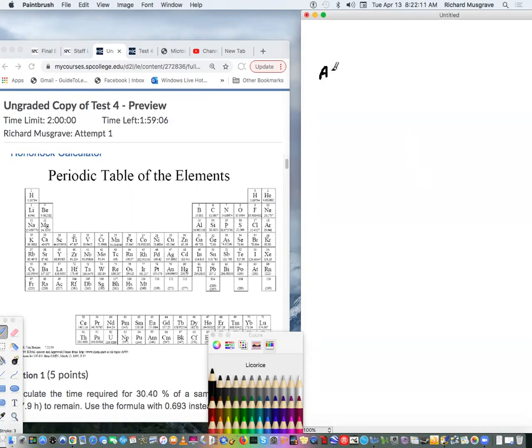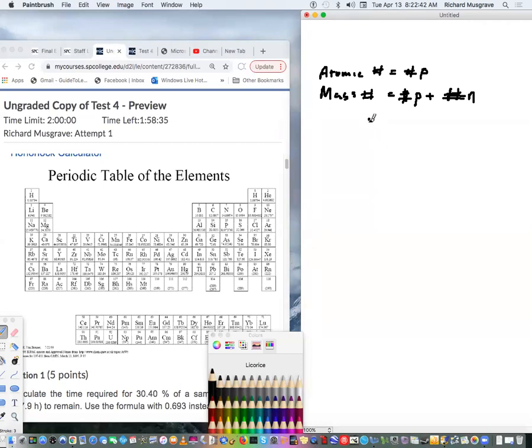Now the atomic number, I think we're all aware of this, is equal to the number of protons, whereas the mass number is equal to the number of protons plus the number of neutrons. So that's meant to be a hash there. It doesn't look like a very good hash, but it's a hash. So the number of protons plus the number of neutrons.